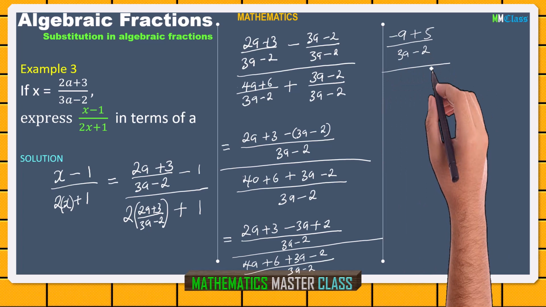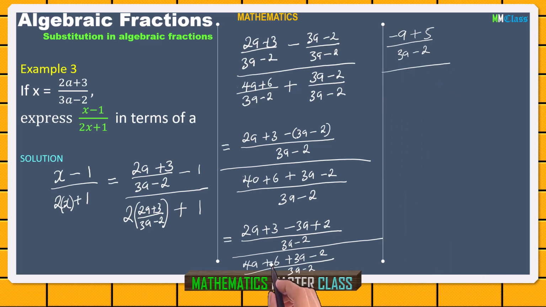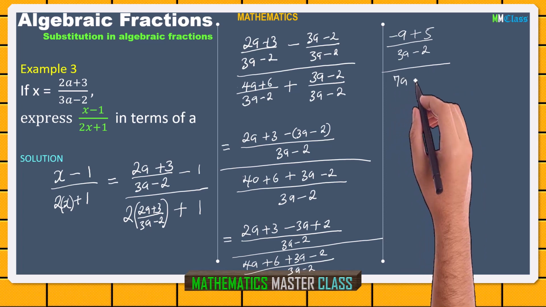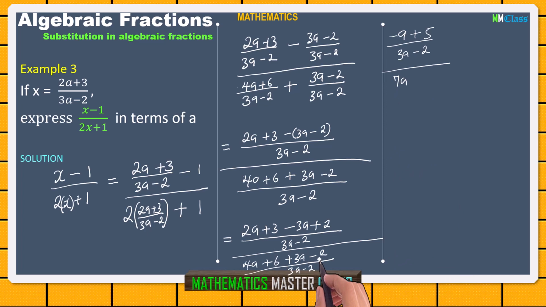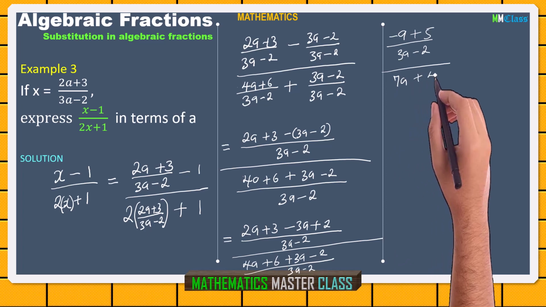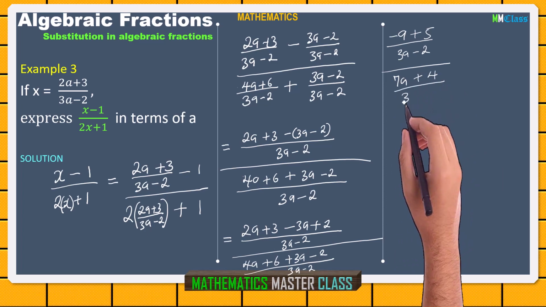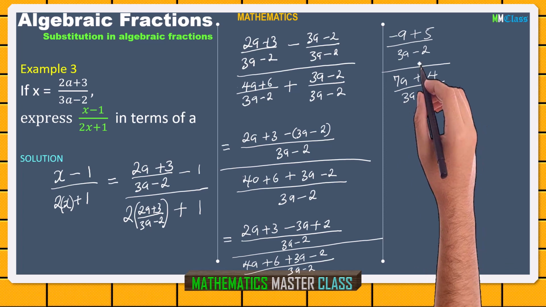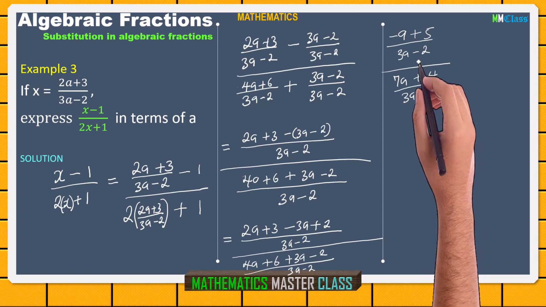Again, the numerator here: 4a plus 3a will give us 7a, plus 6 minus 2 will give us plus 4, all over 3a minus 2. Along the way, you can still cancel this out, but I'm keeping it because I want to do it at the end of my calculation.